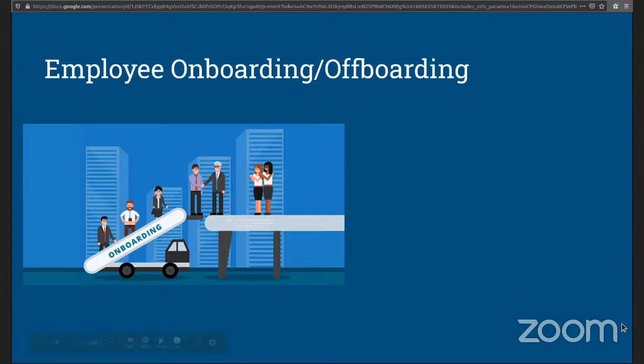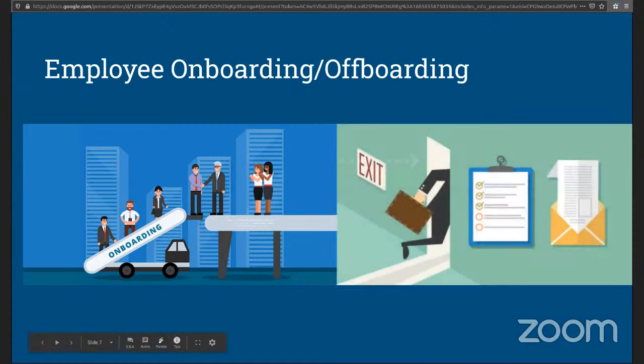The hard part is offboarding. This should also be a formal process, and it is the harder of the two.